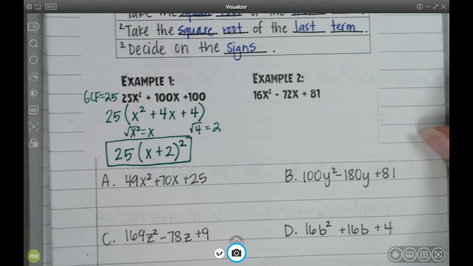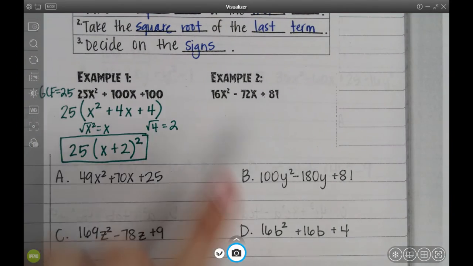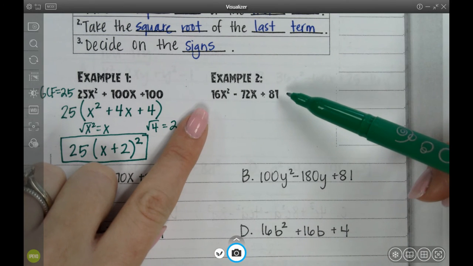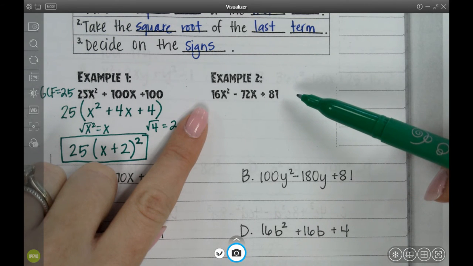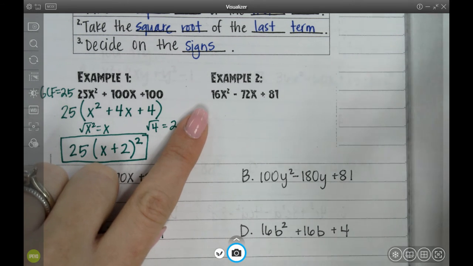Okay, so let's look at example 2. Do I have a GCF between all 3 terms? Nope, no GCF this time.